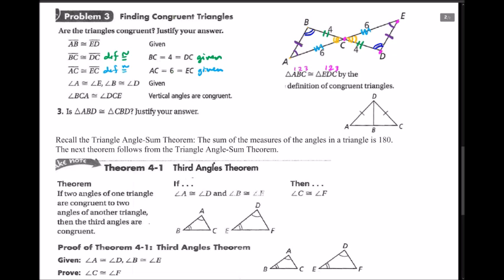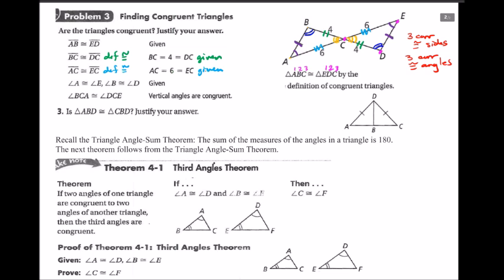And that's just definition of congruent triangles. We have 3 corresponding congruent sides and 3 corresponding congruent angles. So everybody's in the proper position and everybody is congruent. We have congruent triangles.